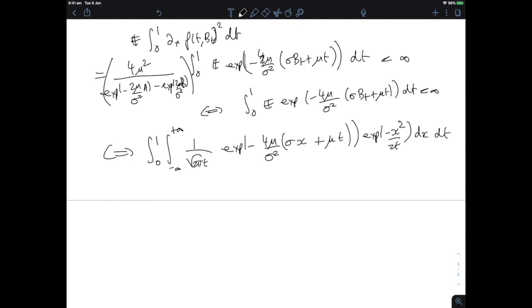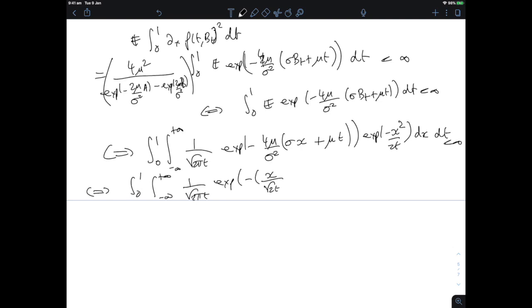So we're going to make a change of variable here. Well, first of all, let's complete the squares. So I want to show that this is finite, and this is equivalent to this: exponential minus x divided by square root of 2t.